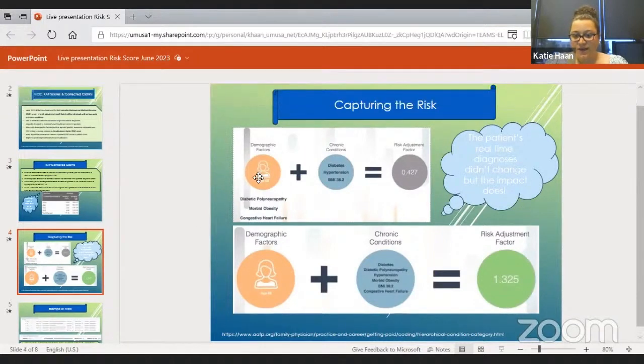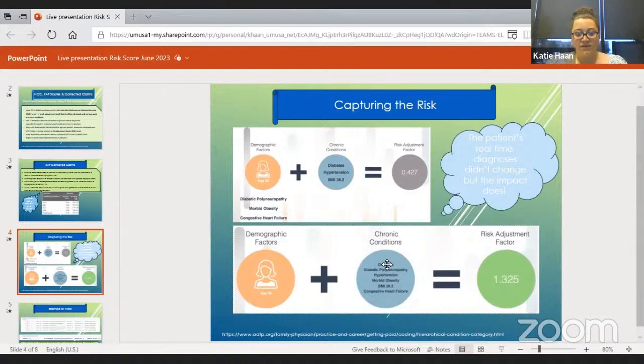You can see that there's a patient here who has diabetic polyneuropathy, morbid obesity, and congestive heart failure. If you combine all of those diagnoses, you get a risk score of 0.427. However, when we look at all of the issues that the patient actually has and make sure that they're coded to the highest level of specificity, we can see that there's a couple more specific things, specifically congestive heart failure.